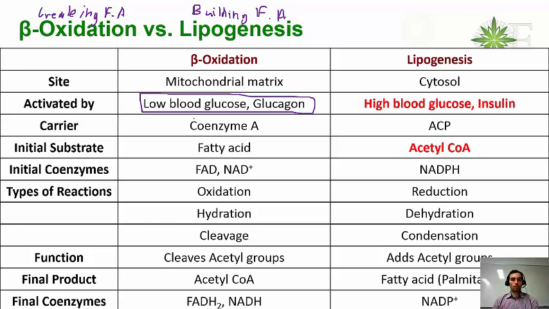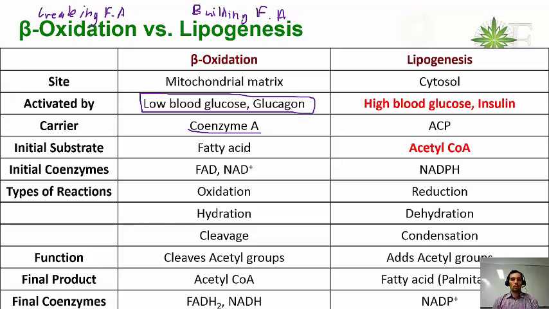So we have the coenzyme A carrying that acetyl group, which can be used to start the citric acid cycle. So we have our acetyl-CoA that's produced from beta oxidation being introduced into the citric acid cycle.